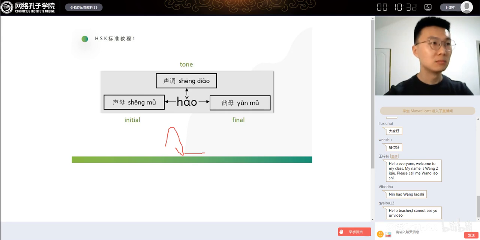And this one is 声调, tone. Pinyin consists of three parts: 声母, initial, 韵母, final, and 声调, tone.